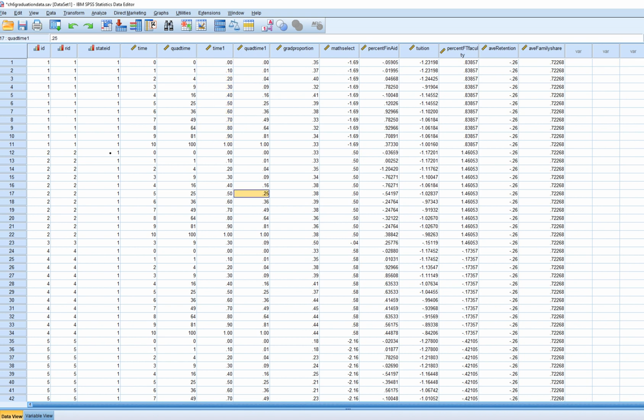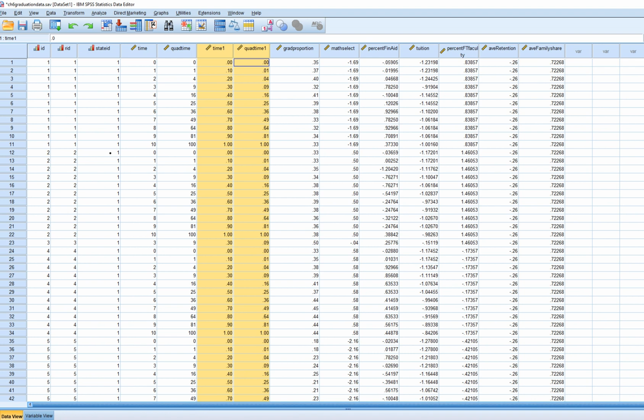So what the authors actually did in their demonstration is they initially began by looking at the relationship between time and graduation proportion, and testing essentially a quadratic trend to determine if that might be an adequate representation of the change over time in graduation proportions.